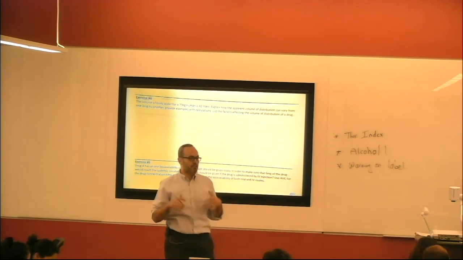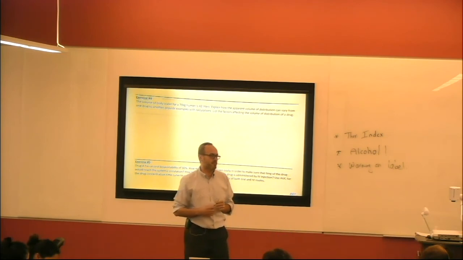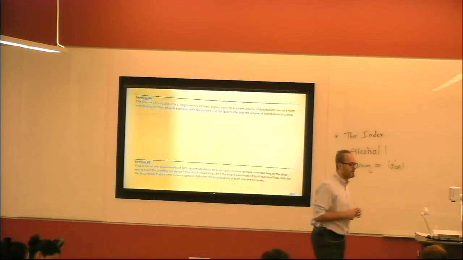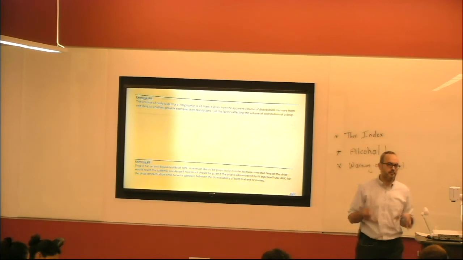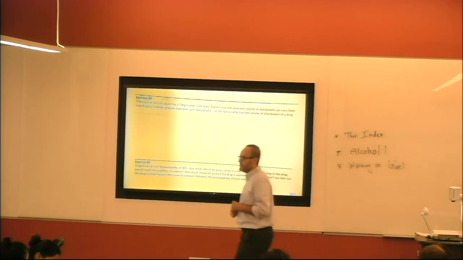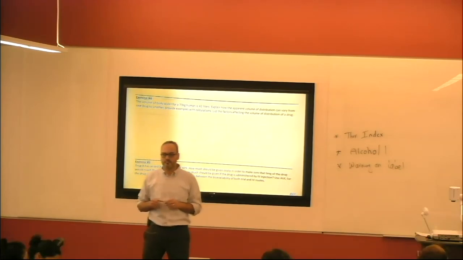So then it will have a larger volume of distribution. And we're talking about the same person, like someone with 42 liters of fluids, but two different drugs, one of them will have a different volume of distribution than the other.